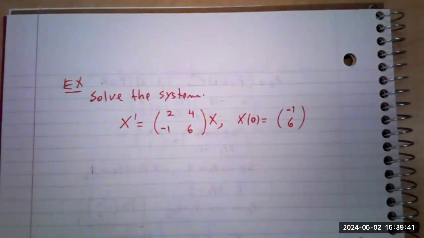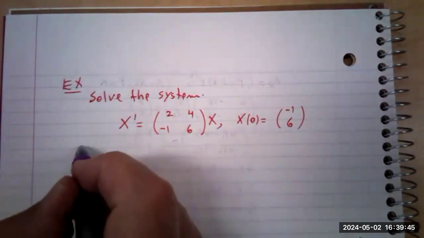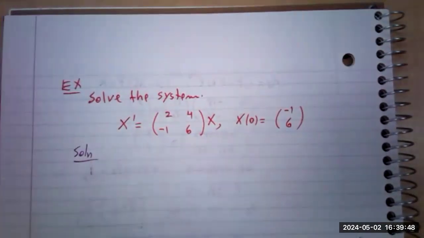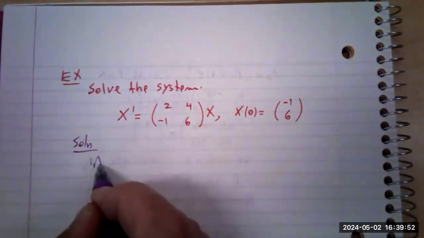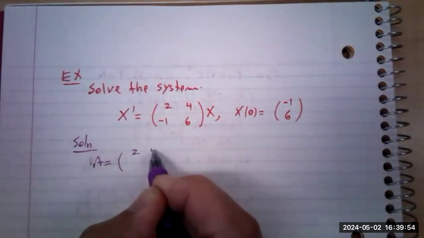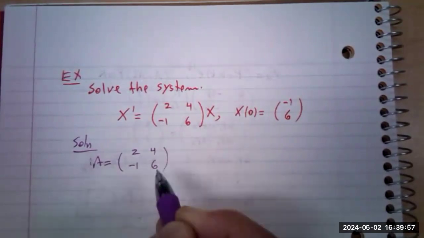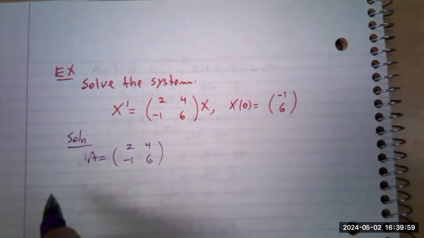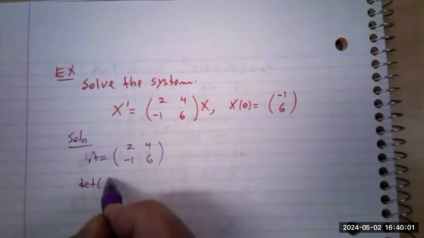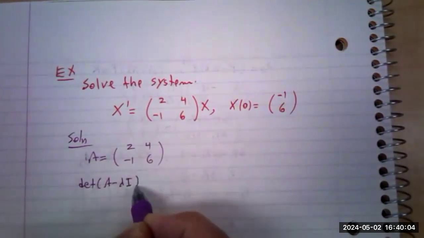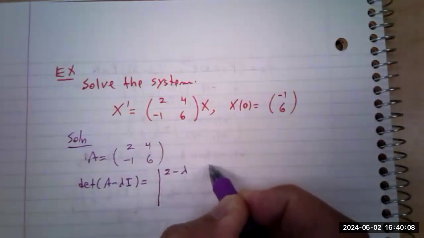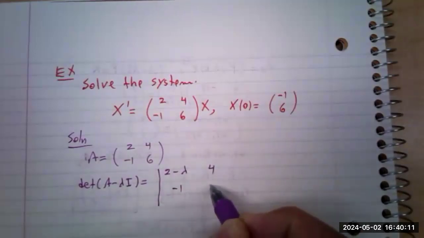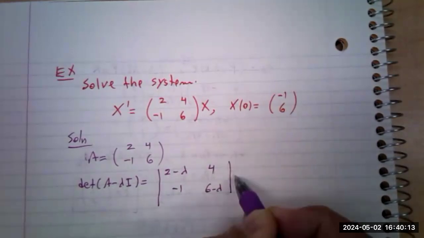Sometimes they give it in vector form, or sometimes in the classic one. Okay, there you are. Quickly get your matrix. The matrix A is going to be 2, 4, negative 1, 6. Go for the determinant. The determinant of A minus lambda I is equal to 2 minus lambda, 4, negative 1, 6 minus lambda.